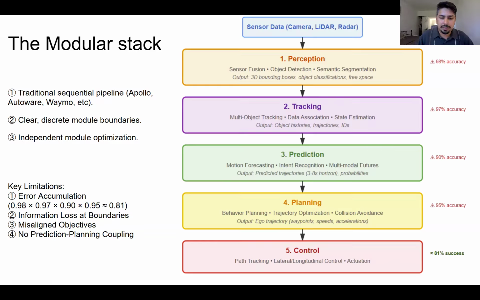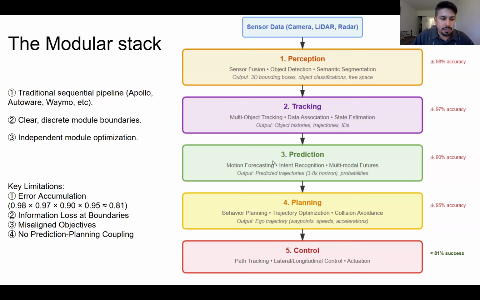But the problem comes with end-to-end system performance, where you have to pick who is the culprit, and it becomes hard sometimes. Also these errors propagate. As I said, in this example, even though none of the single systems was below 90% accuracy, the overall accuracy ended up becoming 81%.